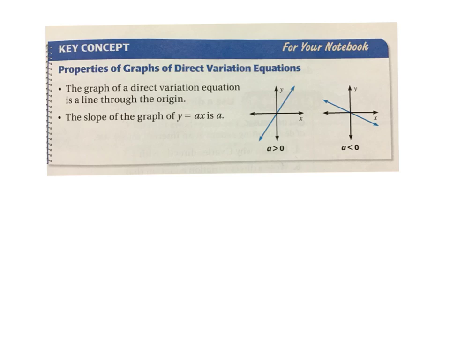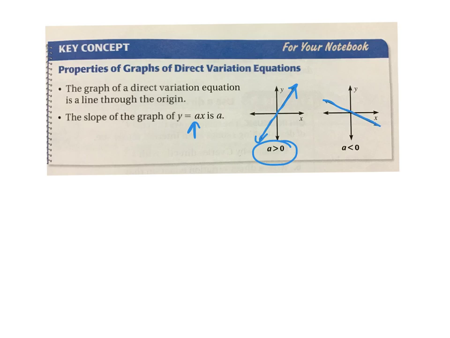We talked about that. And then the slope is A, right? So if you look at this one, when it rises up from left to right, that's a positive slope, and this is telling you that the slope has to be greater than 0 because it's a positive slope. Can't be 0, it has to be greater than 0.